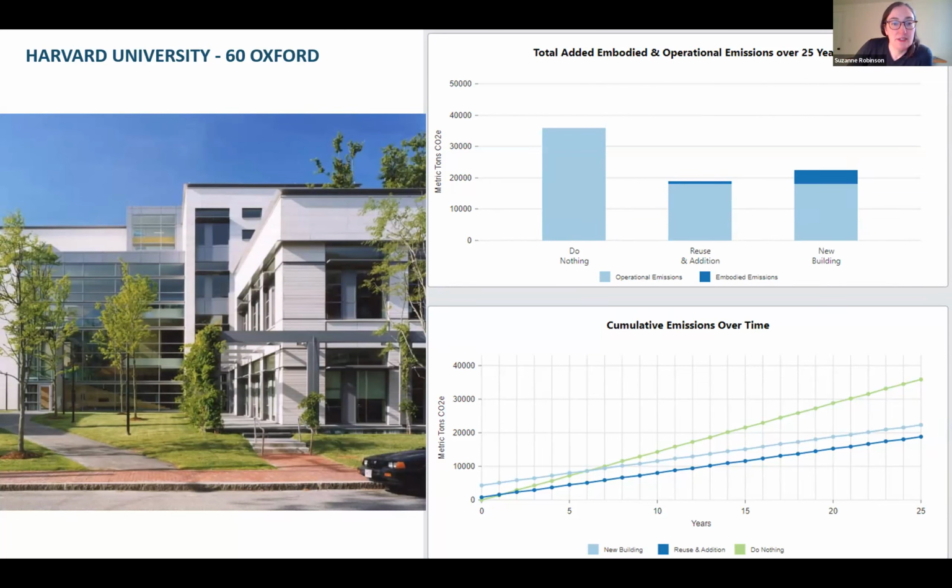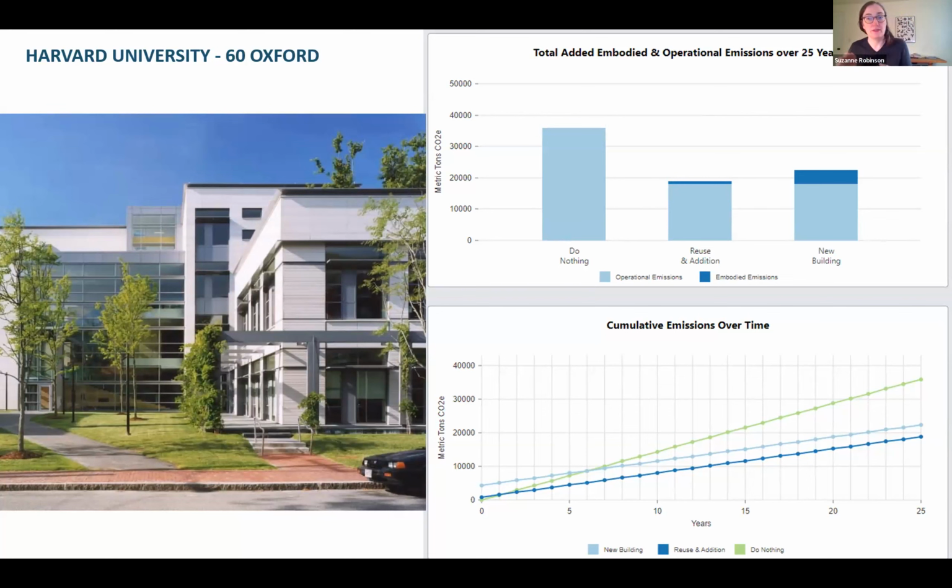So at 5 years approximately is when the new building, although there would be some upfront embodied carbon, it would then become a better carbon scenario than if we had done nothing. So again, within this 10-year window, which is the most critical right now, it would still make sense to build a new building. But what's even better is if we renovate the building, it's always going to be better. There's no inflection points on that.